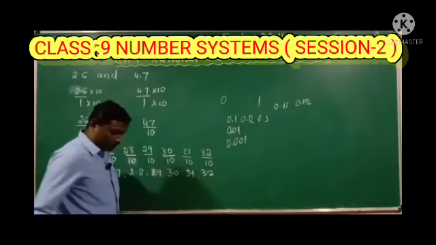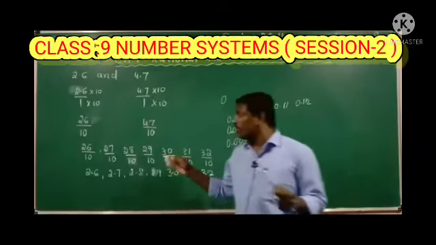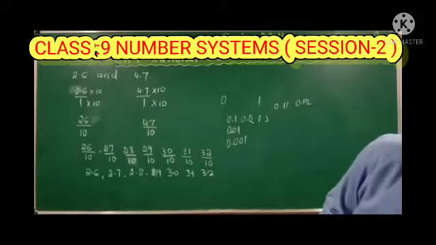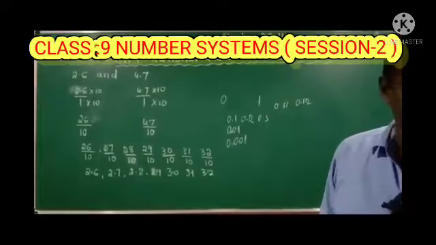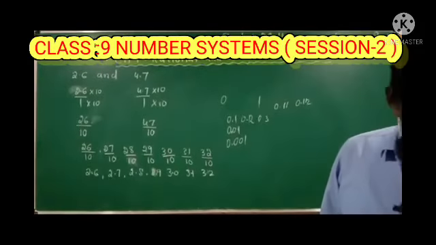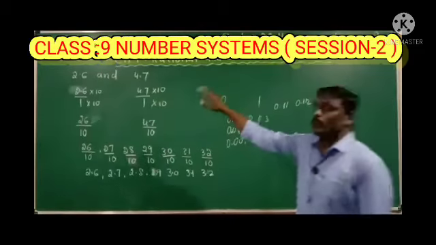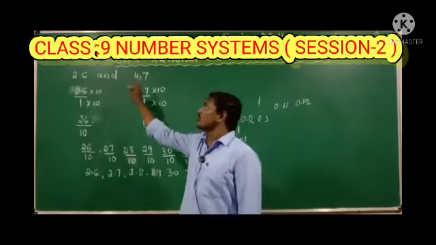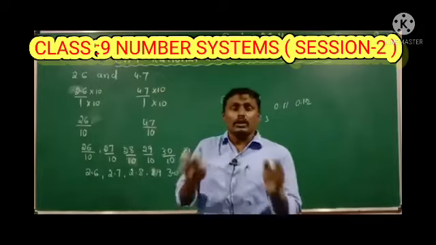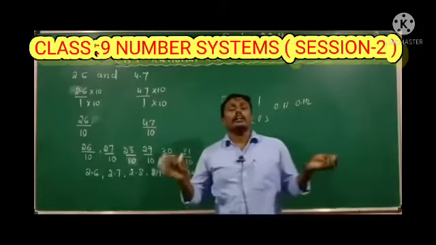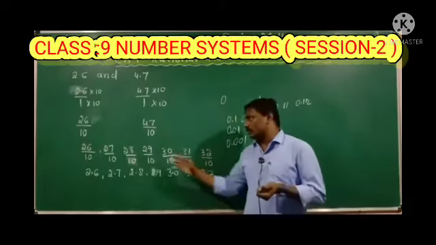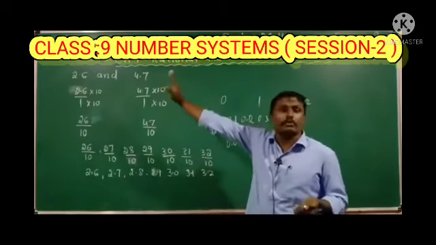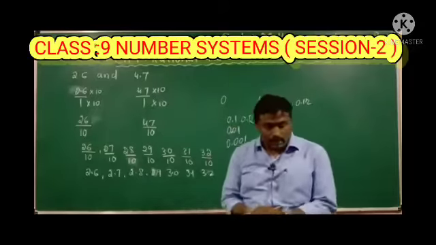So these are some of the rational numbers existing between the two given numbers, 2.6 and 4.7. In these two given numbers we can write infinitely many rational numbers.